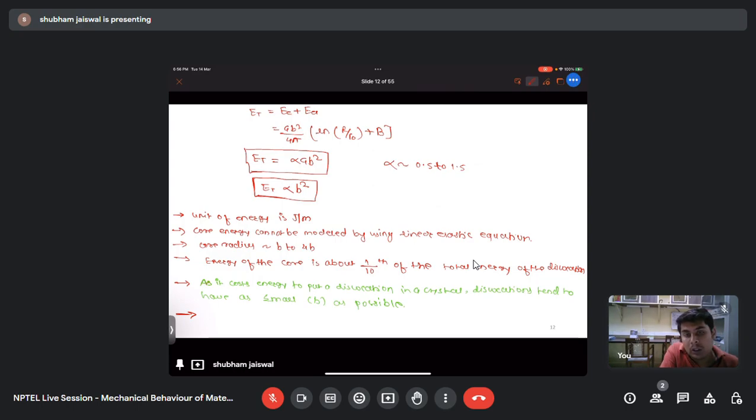So the b should be small so that the energy of the dislocation will be less. By considering this concept, we can also say that a dislocation can be branched into two separate dislocations. If the energy of those two dislocations is less than the single dislocation, then it will favor that. So let's say this is dislocation B1, and it is branching out into two other dislocations, B2 and B3. If the energy of the combined two dislocations is less than the single dislocation, it will try to branch out and produce partial dislocations.